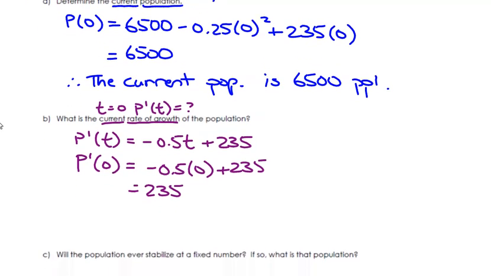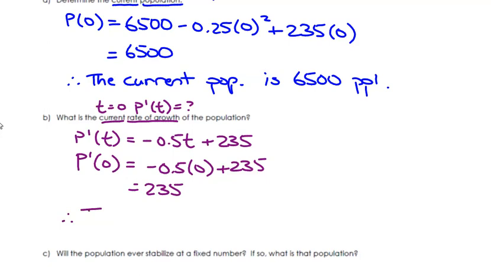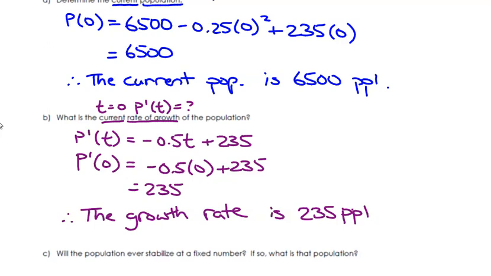Therefore, the growth rate, so we have to write it as a rate, is 235. Now, what does that actually mean? You're comparing your dependent variable, which is people, over your independent variable, which is time. So your growth rate is 235 people per year.